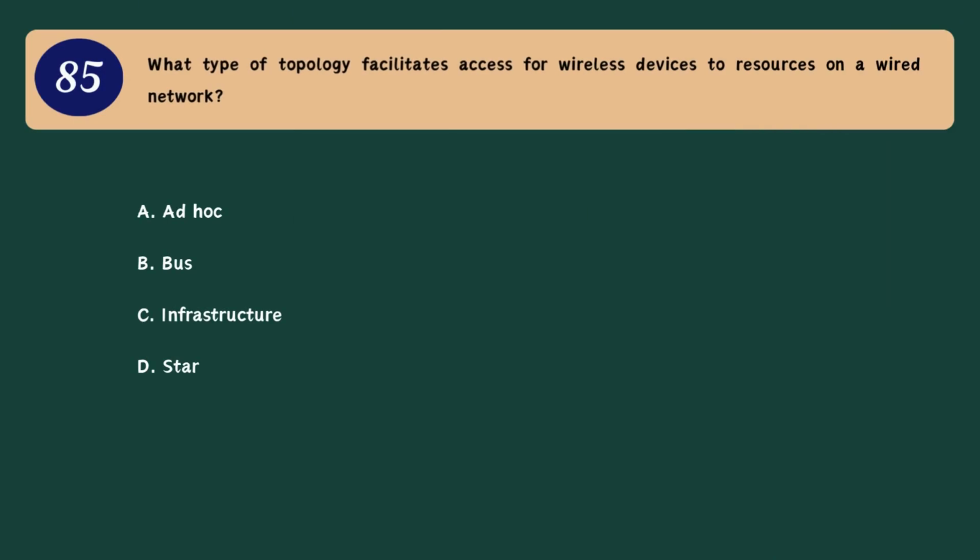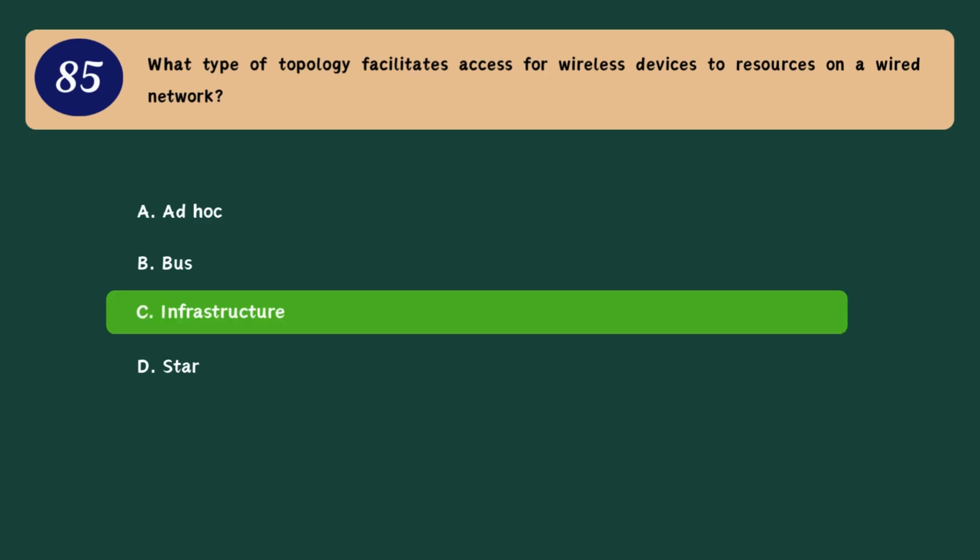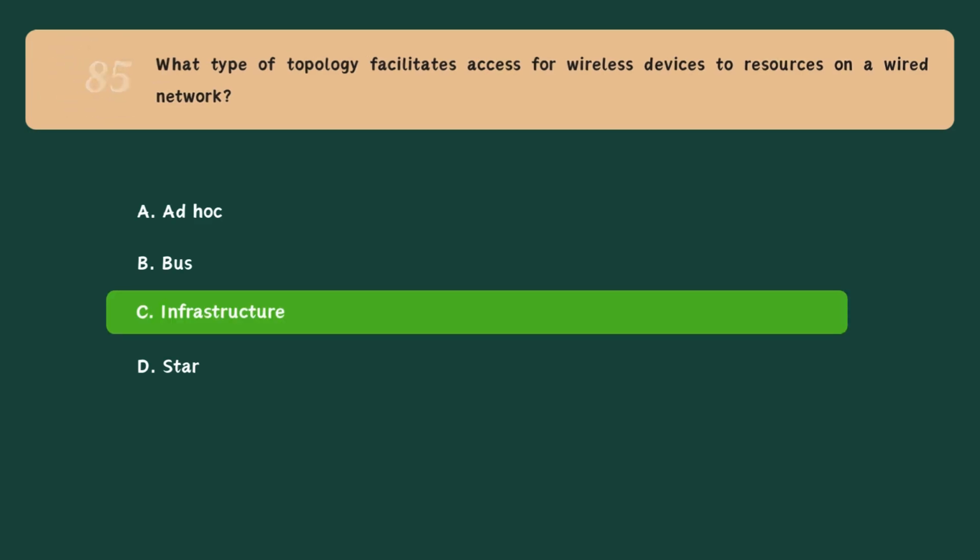Question 85. What type of topology facilitates access for wireless devices to resources on a wired network? A. Ad hoc. B. Bus. C. Infrastructure. D. Star. Correct answer. C. Infrastructure.